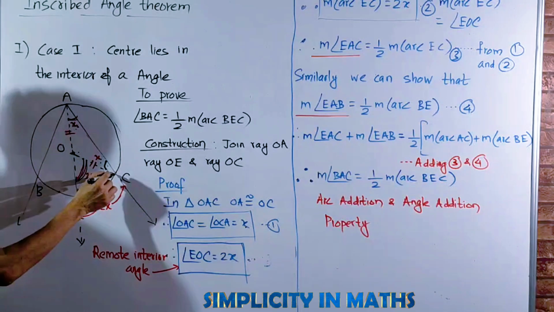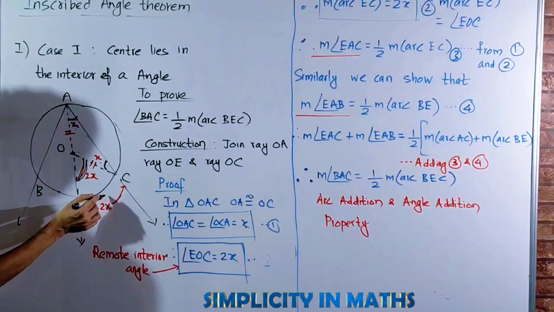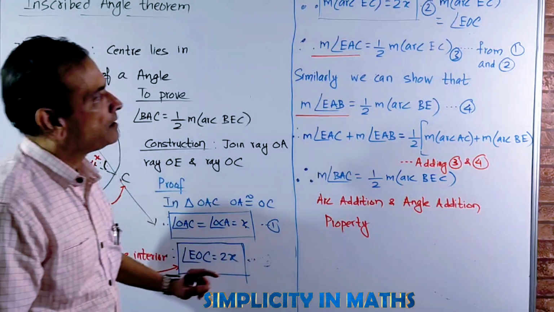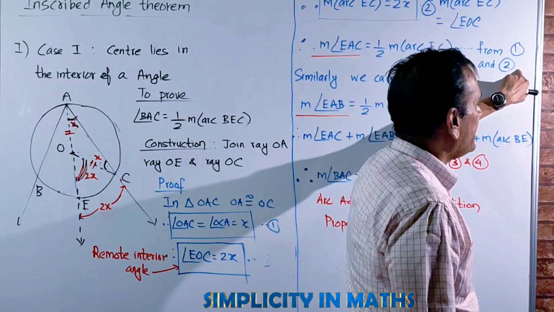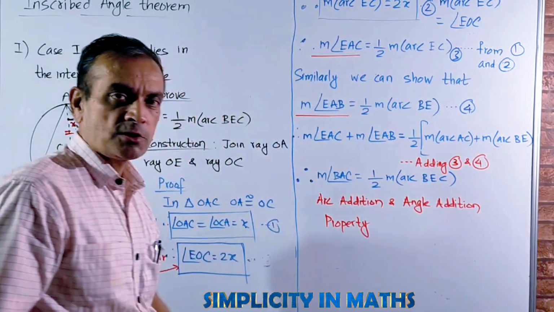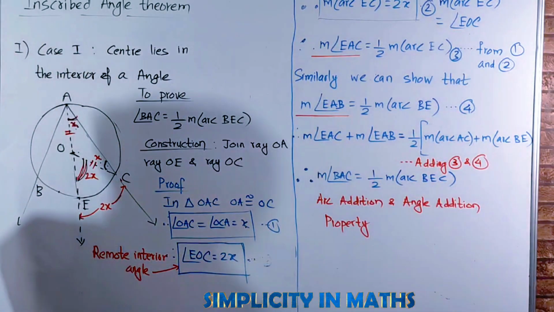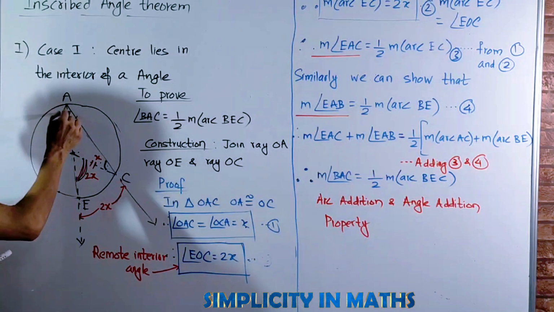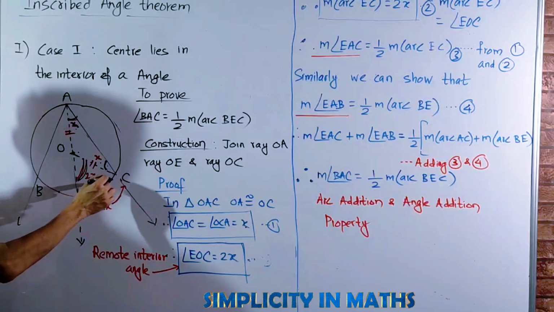This is x, this is 2x, so the half of this arc is this. Reason: from equations 1 and 2. Clear? Absolutely clear. If you see it again it will become even clearer. So that is equation 3. We have got angle EAC is equal to half the measure of arc EC.